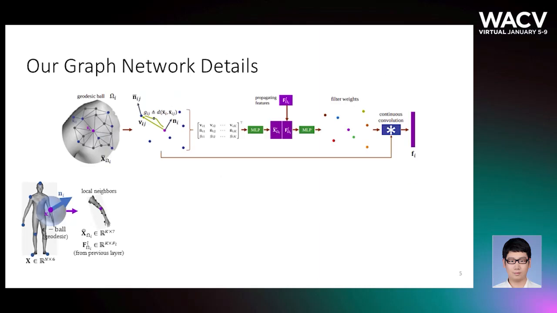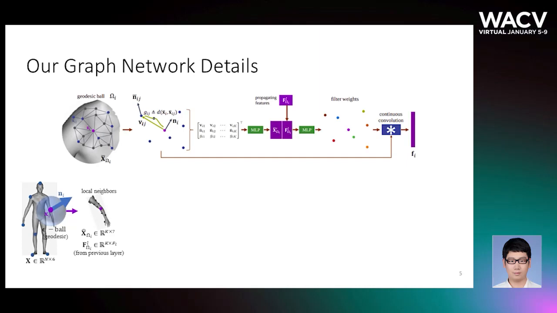The upper figure shows a more detailed pipeline of our continuous geodesic convolution. Each vertex in the receptive field takes its geodesic distance, position, and normal relative to the central vertex to regress its own weight for the convolution operation, such that every continuous point on the manifold has its unique convolution weight.